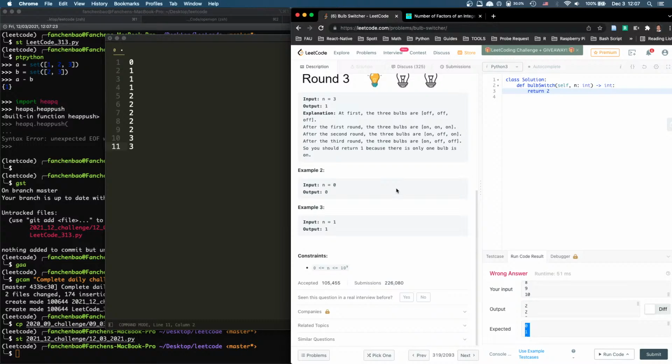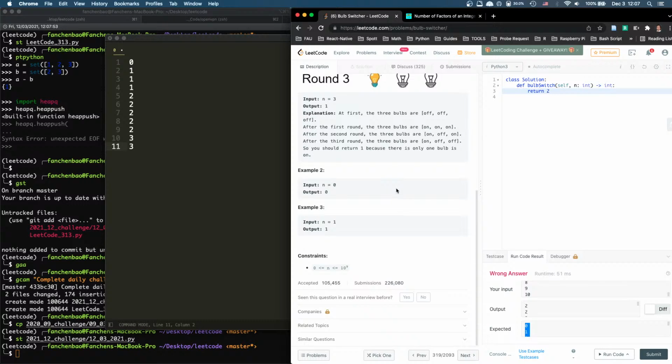Now for 4, 1 pop out. We get 4. Right? So 4 push in. 4 pop out. 16 goes in. Right? Now 9 pop out. 36 in. 25 pop out. 100 goes in.